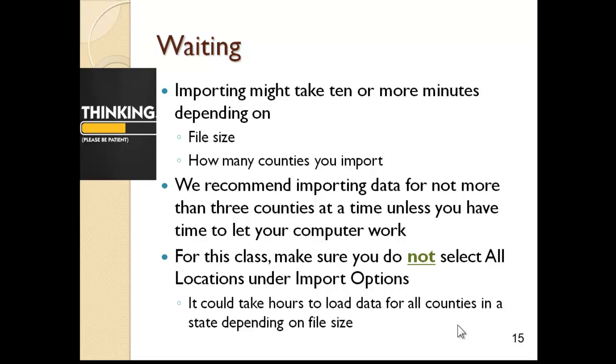We talked about this. It might take 10 or more minutes depending on your file size and how many counties you're going to import. As I've said, we recommend not importing more than 3 counties at a time, and do not select all locations under import options.